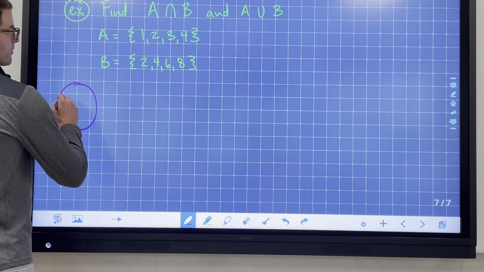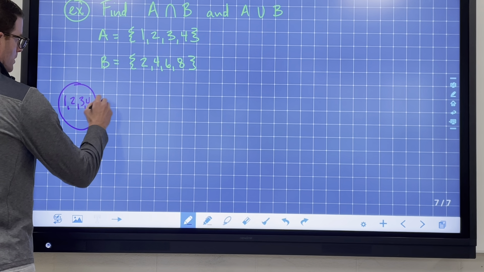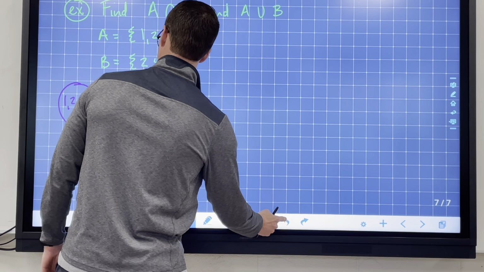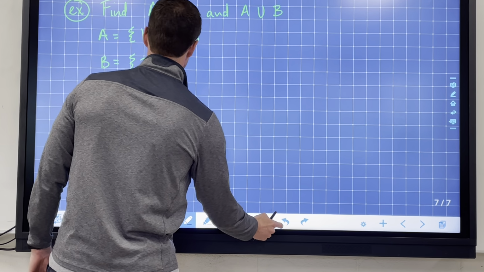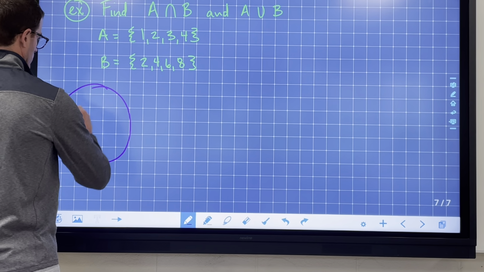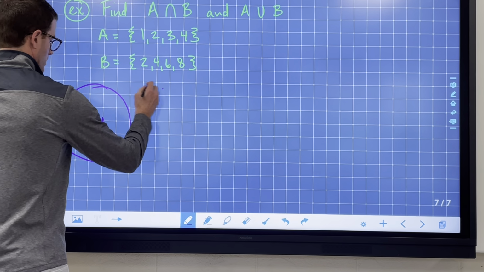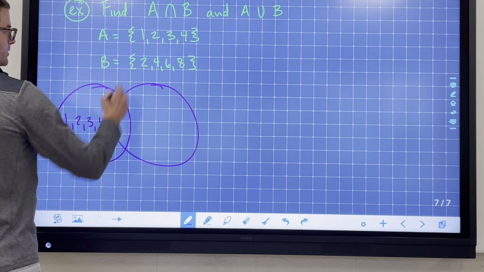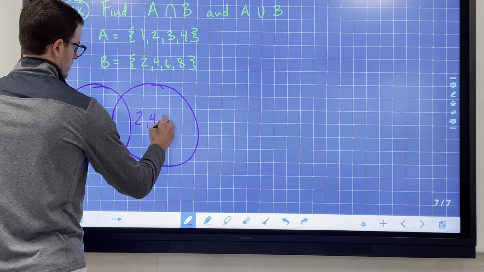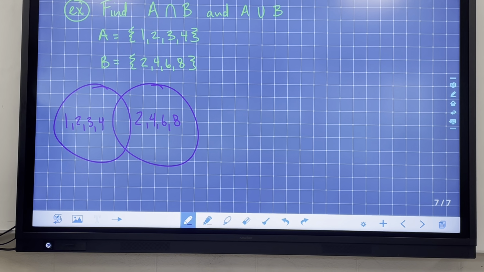So we know we have 1, 2, 3, and 4. Let's make this a little larger. All right, so here we go. 1, 2, 3, and 4. This is for the intersection. 2, 4, 6, and 8. What do these two sets have in common?